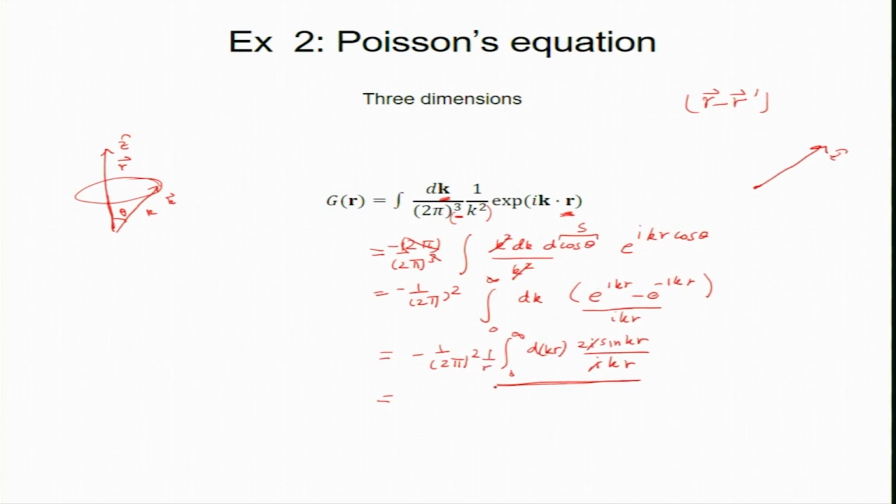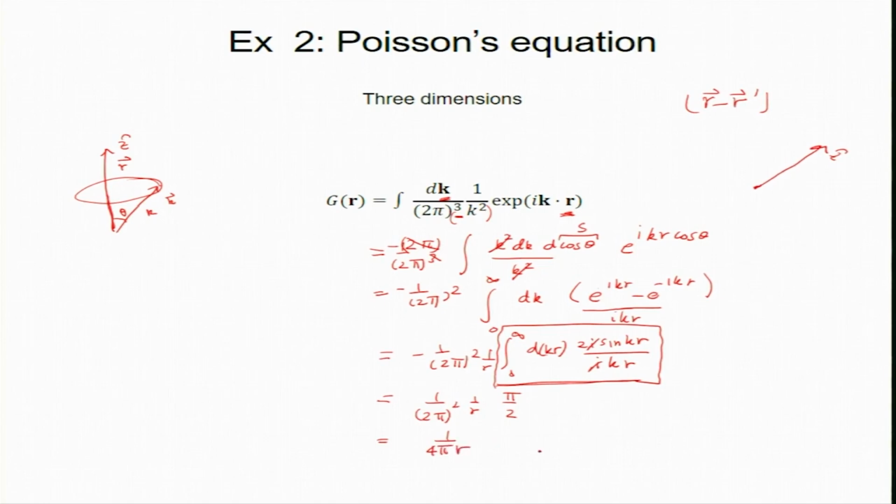Fine. Now, this integral, in fact, we already know what that is: pi by 2. We already did this, sin x by x dx, this is pi by 2. So, this is 2 pi squared, 1 by r, and pi by 2. Okay. So, 1 pi cancels, and so I get 4 pi r.